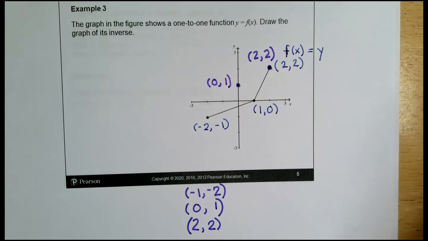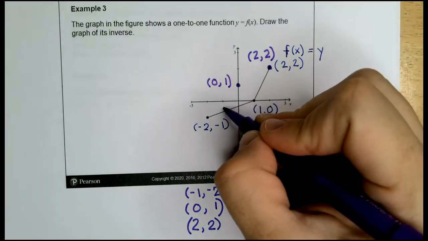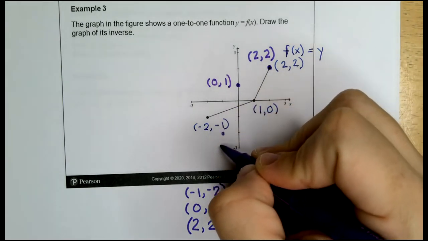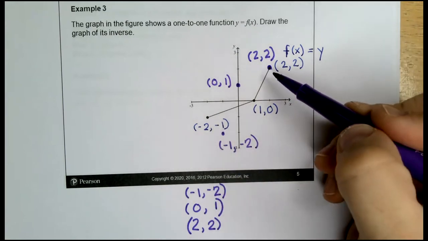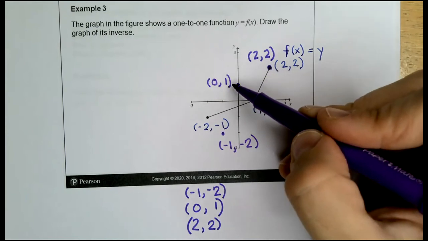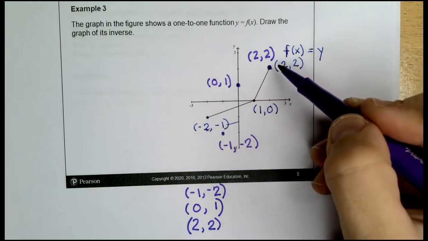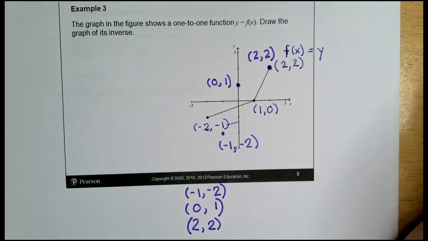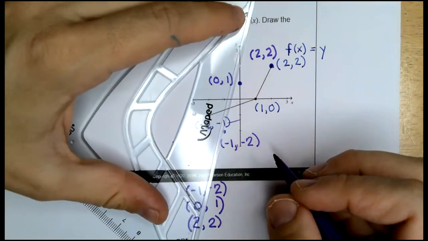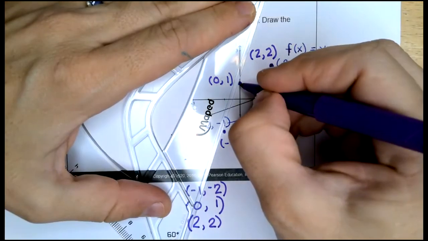And the last point is (-1, -2). We found each point on f of x, and then we found their inverse point on the graph of the inverse function.